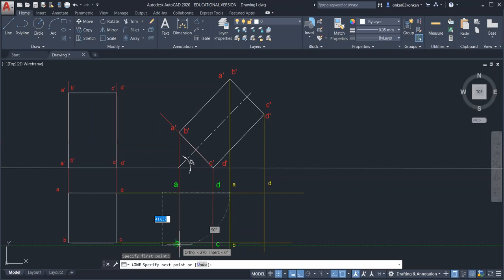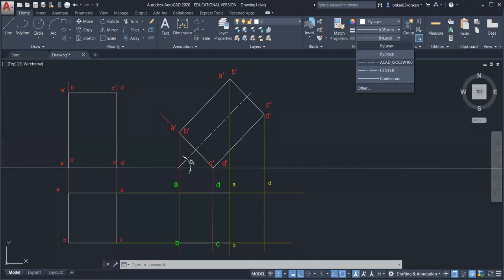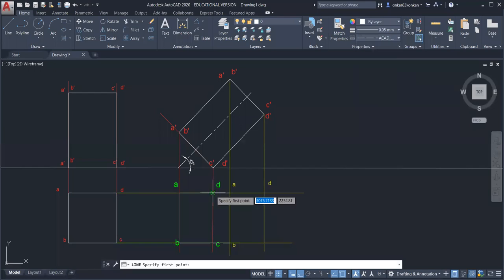So this is a continuous thick line. Now the CD edge, which is in the HP, is the hidden edge from the top view. So we have to show this by a continuous thin dash line. So CD is the hidden edge.